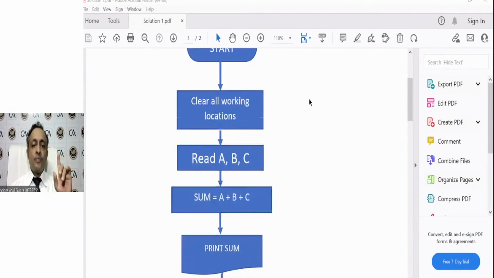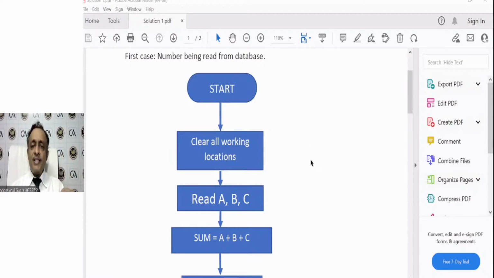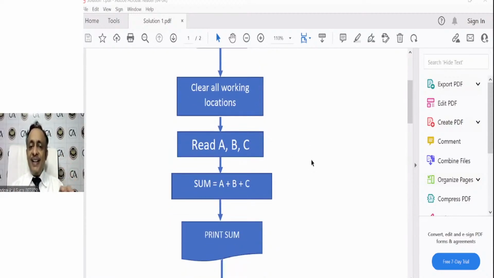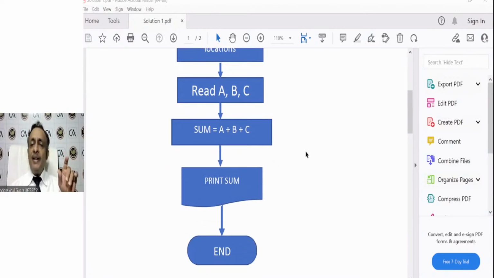Now, the question does not specify whether the numbers are fed by the user or read from stored data. So I'll tell you the difference. If you see the third command, read A, B, C, it means the numbers are there in data and they are being read, and then the sum is being generated. All these 3 symbols are rectangles, denoting process and the calculation of ABC.